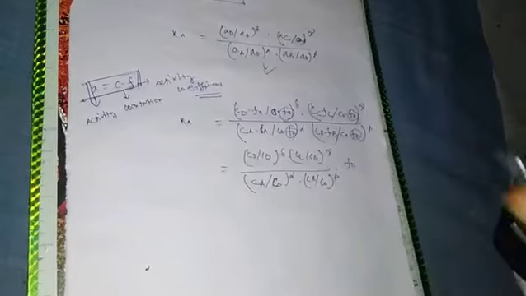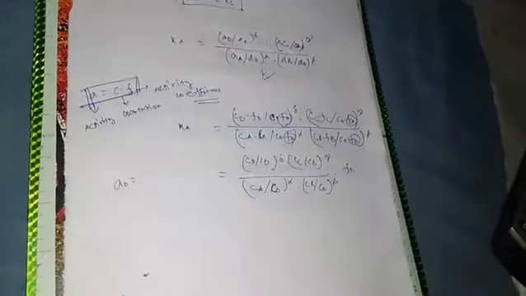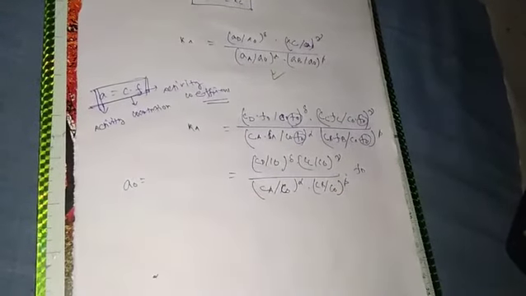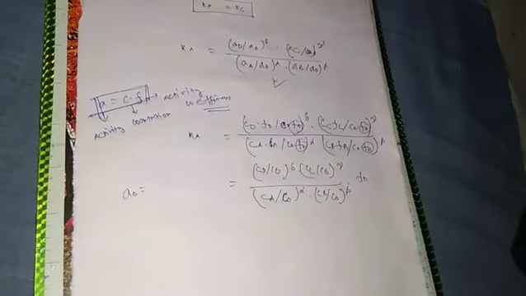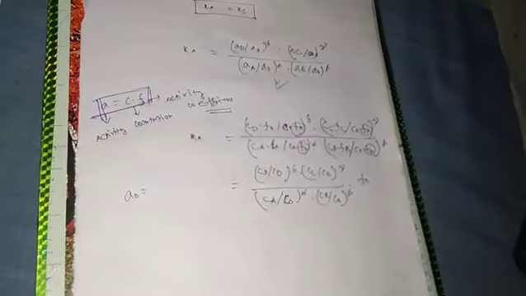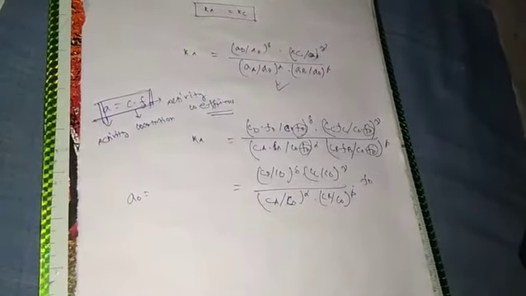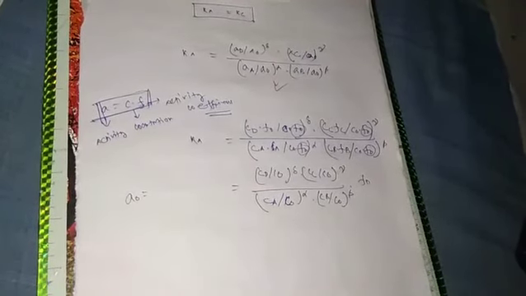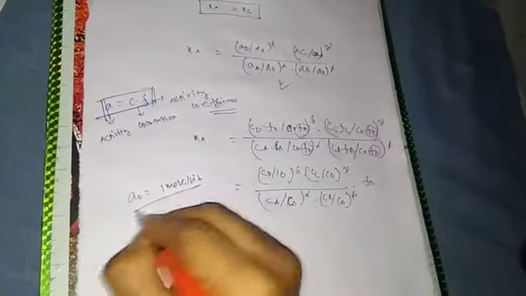Now the question is why? Because A0 is the activity coefficient at 25 degrees centigrade or at standard condition. We know that at standard condition, A0 equals 1 mole per liter.